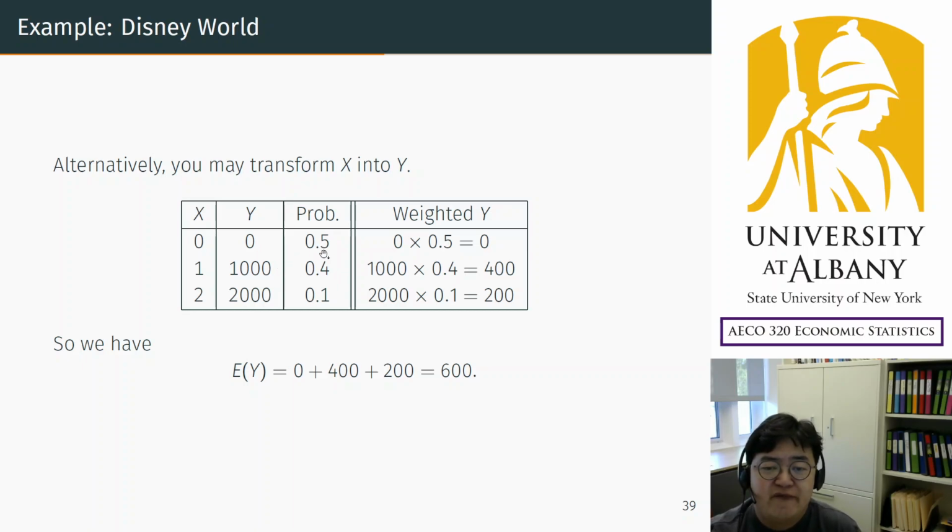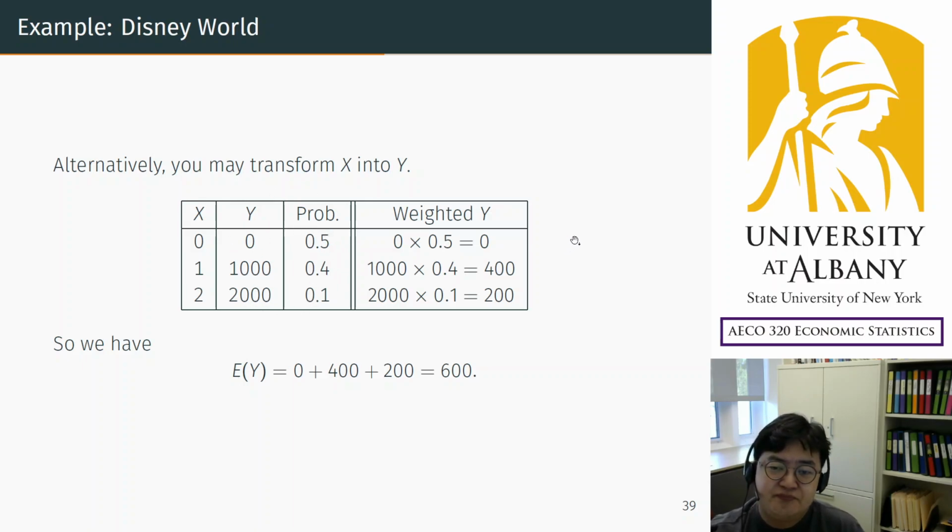So 50%, I'm not going there, so I'm not going to spend any money. 40%, I will go there once, so I will spend $1,000. With 10%, I may go there twice, so I will spend $2,000. This is the probability distribution for the new random variable.